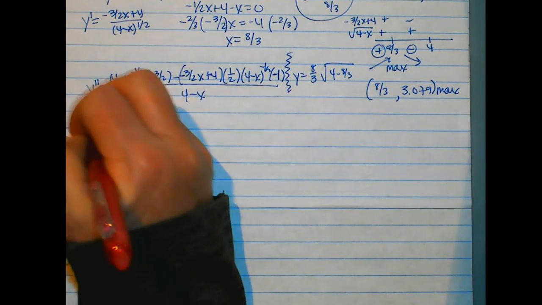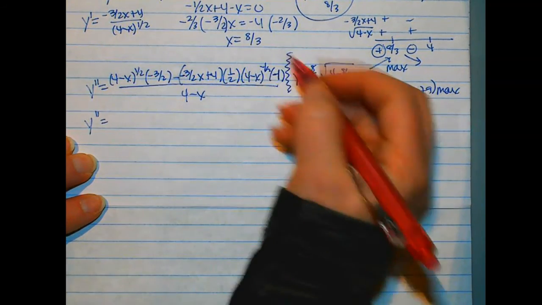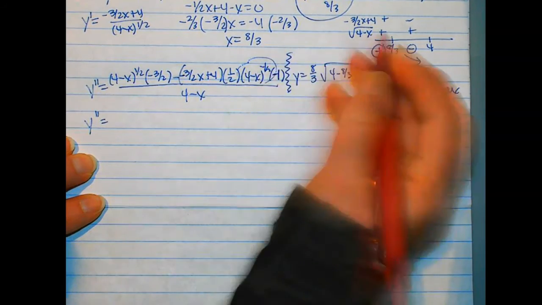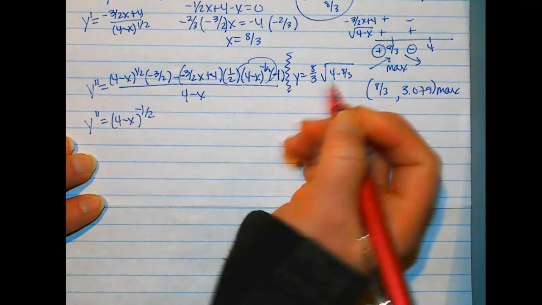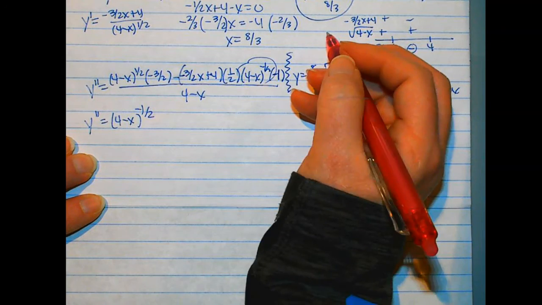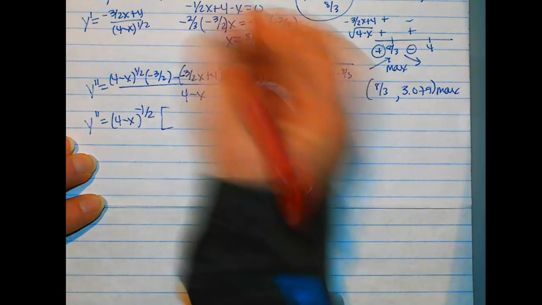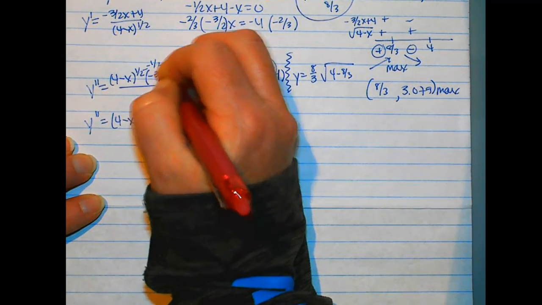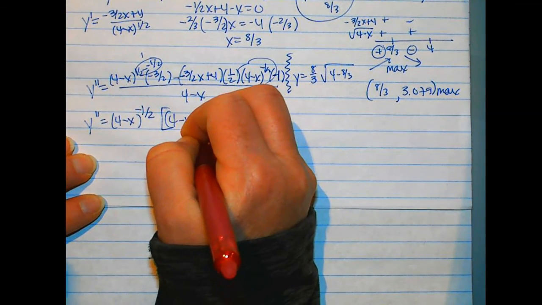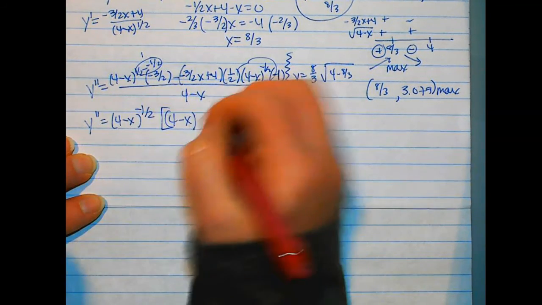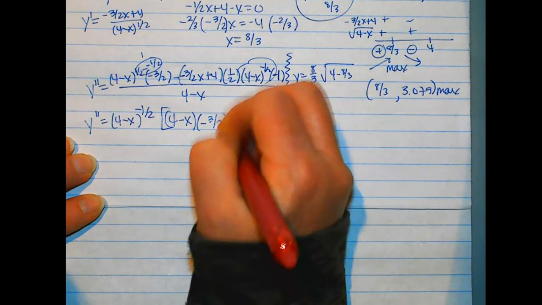So y double prime. I'm going to take out this guy right here, 4 minus x to the negative 1/2. So I'm going to be left with this one becomes 1. So I have 4 minus x. And I still have this, negative 3/2. Okay?